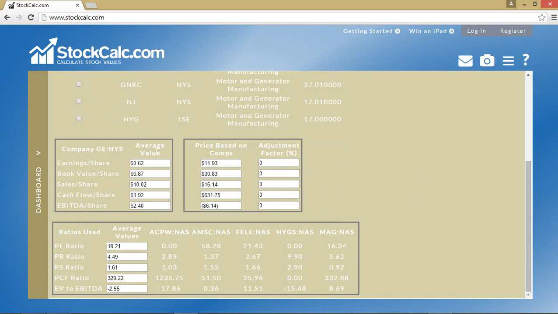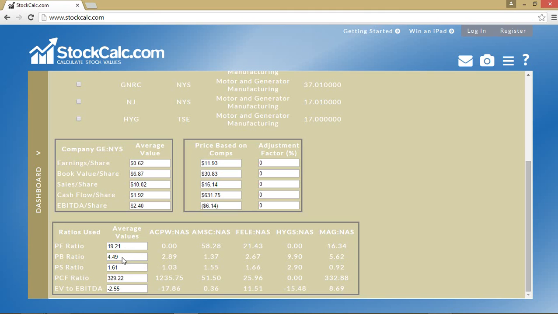The first shows the average values for our company: earnings per share, book value, sales per share, cash flow per share, and EBITDA per share. The lower box shows the average values for a variety of ratios for the companies that we've selected. So in this case, the average PE ratio is 19.21 for these 5 companies over that time frame.